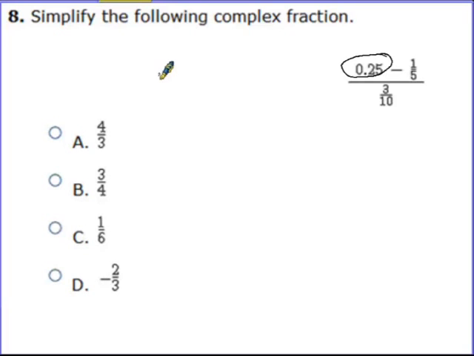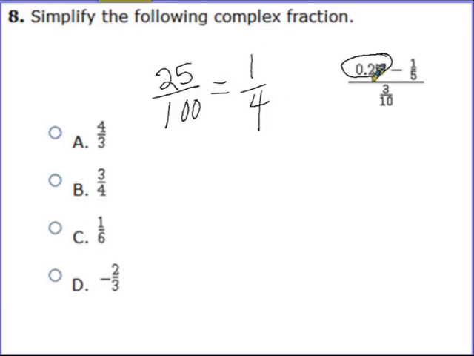So we would do 25, and since the fraction here would be 25 over 100, or you could just see that 0.25 is a quarter, and a quarter is 1/4.